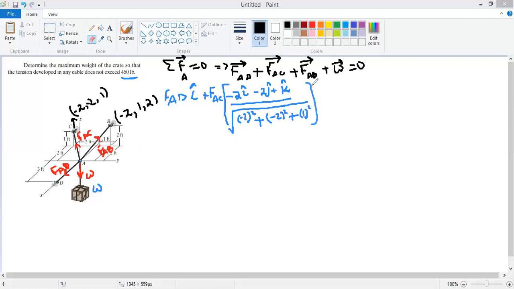Okay, similarly we will handle FAB. We have written FAD, we have written FAC. Now what about FAB?